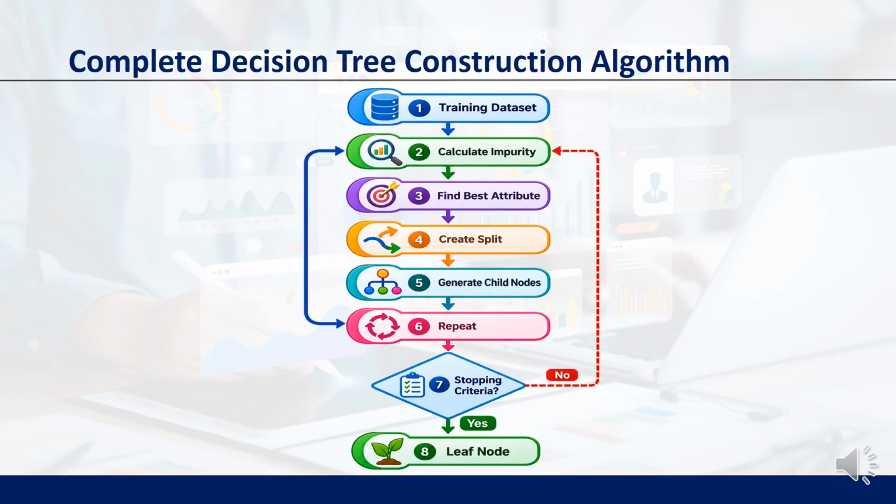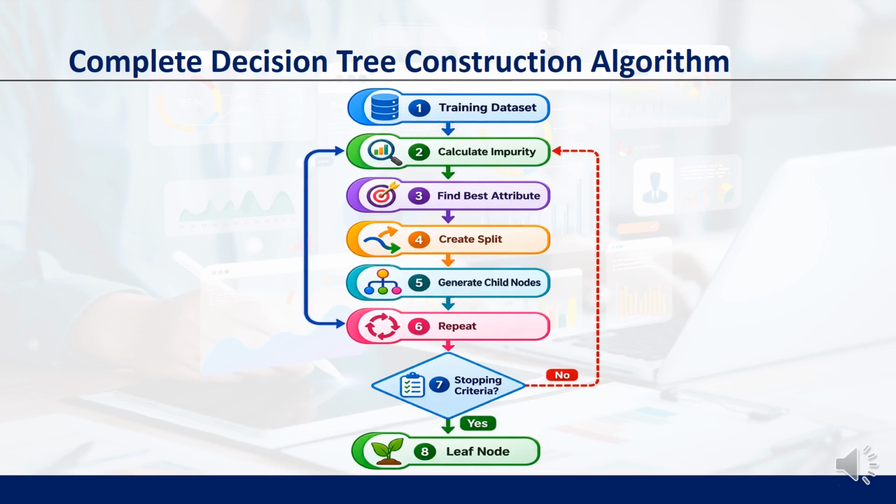Now we divide the customers into two groups, for example good credit score and poor credit score. The algorithm examines each group. Suppose the good credit score group contains almost entirely approved customers, then that node may become a leaf node and the loan is approved.